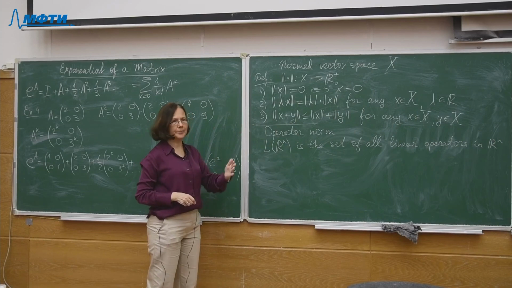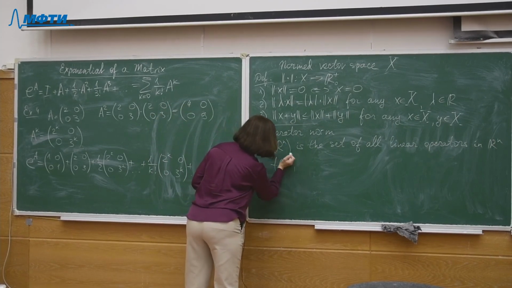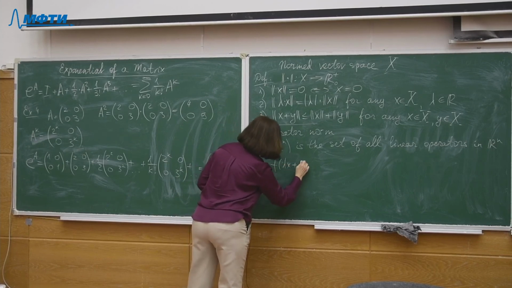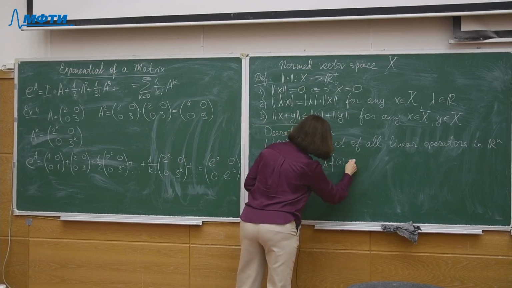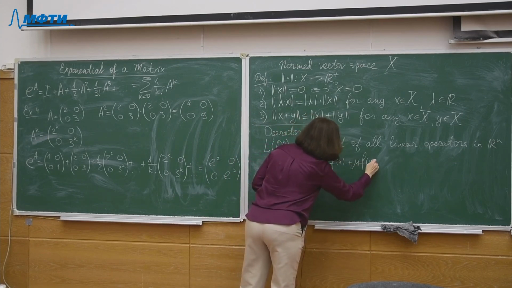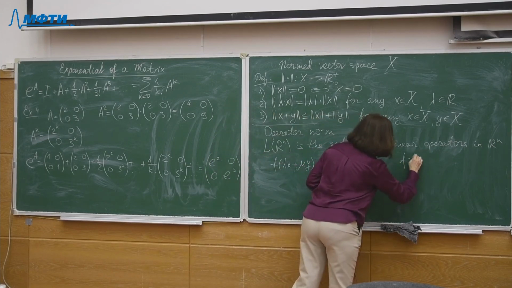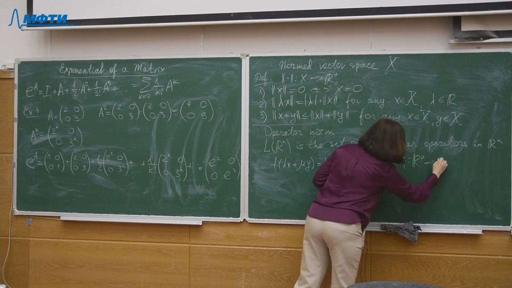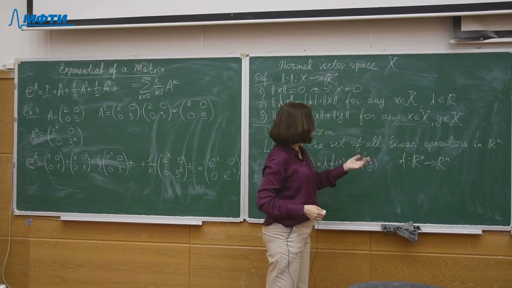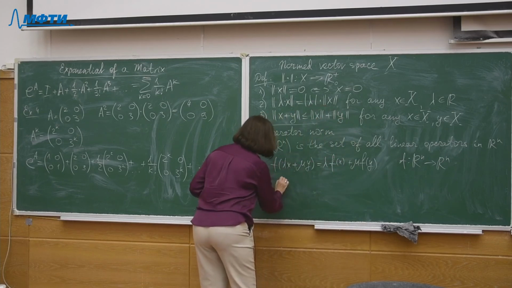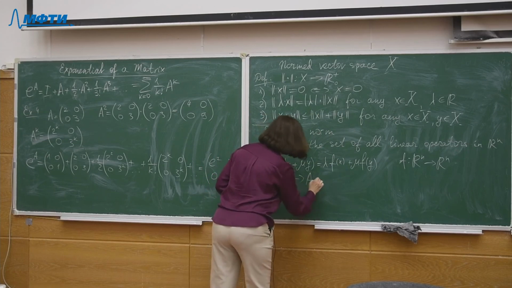Okay, so a linear operator means that f of lambda x plus mu y equals lambda f of x plus mu f of y. So f is from Rn to Rn. If we fix a basis in Rn, then we can associate a matrix with any linear operator. We can associate an n by n matrix.